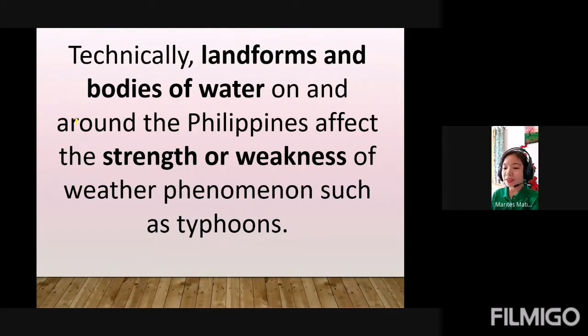Is it inland or in bodies of water? Yes, ma'am, in warm bodies of water. Very good. That's why it's scary. When a typhoon stays in the ocean, it means it is storing its strength.